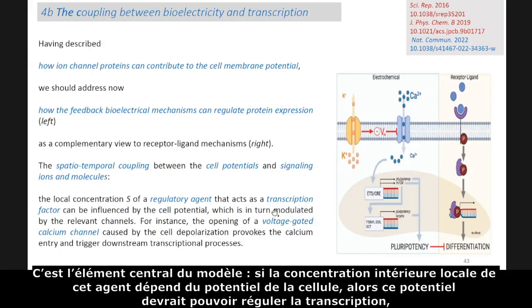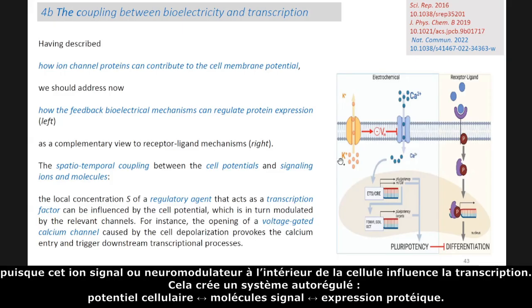This is the key of the model, in the sense that if the inside local concentration of this agent depends on the cell potential, because the entry depends on the voltage-gated channel, then the cell potential should be able to regulate transcription, because downstream it is this signaling ion or neuromodulator inside-cell level which influences transcription.